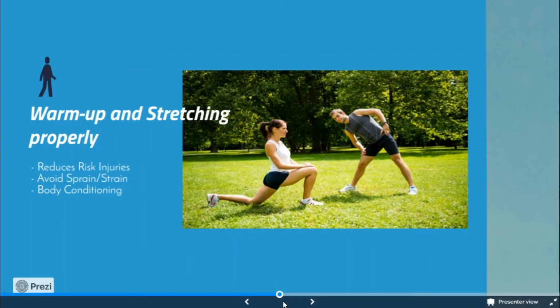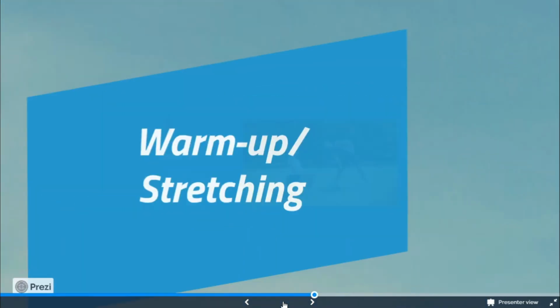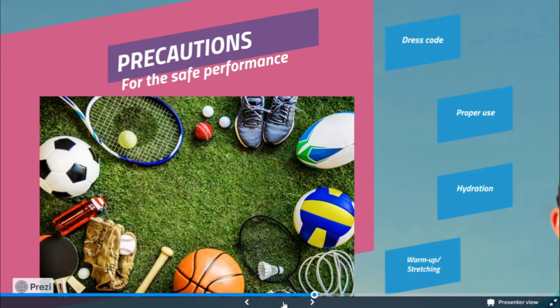So by educating yourself on the proper tips on how to perform sports and exercises with safety practices, you need to determine the dress code and its proper use, the help of hydration, and the purposes of warm-up or stretching.